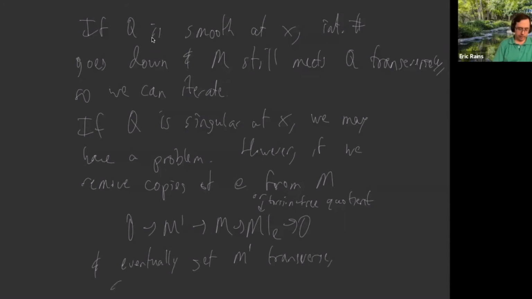Okay, and the direct image will differ from the original M. Sorry, this should be pi upper star, pi star. Anyway, it will differ from the original sheaf by a zero-dimensional sheaf.